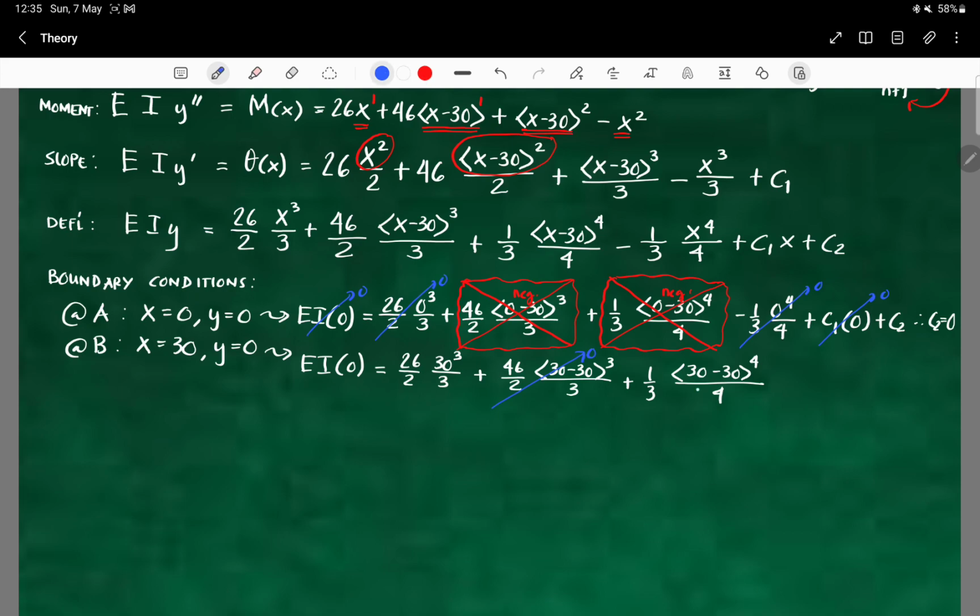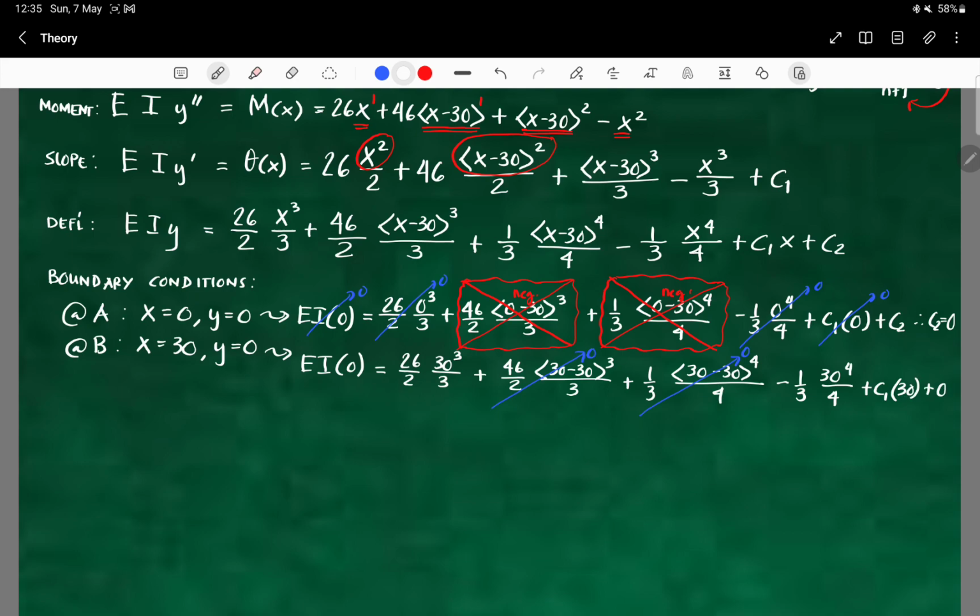Again 30 minus 30 is 0, so a number multiplied by 0 is 0. And then minus 1/3 of 30 to the power 4 over 4 plus C1 times 30.